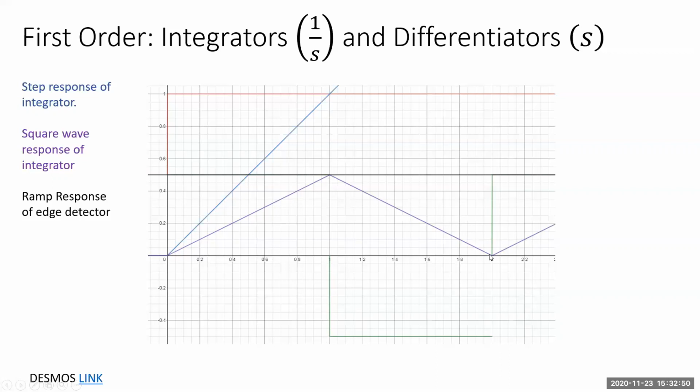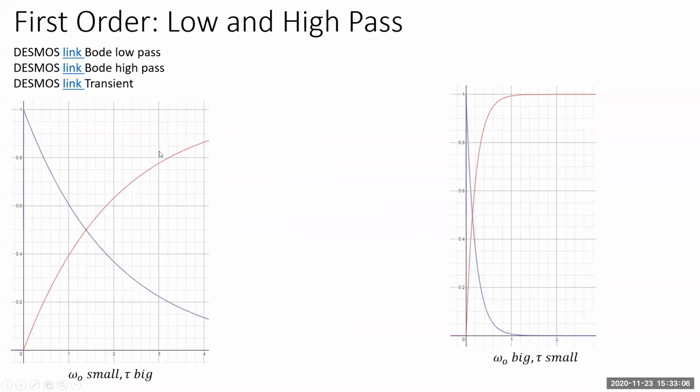So if I gave you a step response and you got a straight line coming out of it, well, then you'd have to say that that was an integrator.